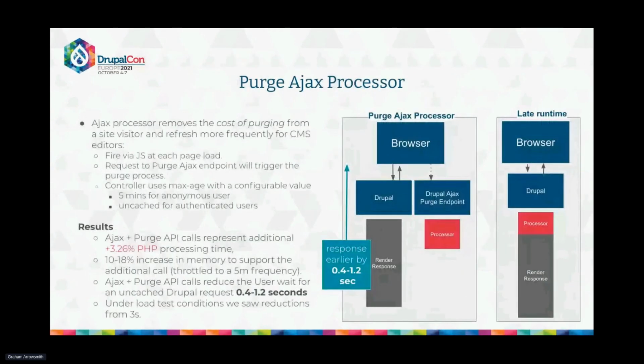And we came up with the Purge AJAX processor. A goal here was removing the cost of purging from a visitor. So when I discussed the late runtime processor, when we serve requests to the user, could be the CMS editor, could be a customer or client, we were putting in the cost here of processing the purge queue while giving them their page.